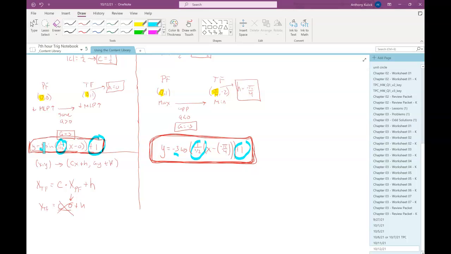So if you would have picked a maximum, then the a value would have been positive. And you just write whatever the x value is. And the h would have been the x value from that new point that you would have picked. So basically our h value is always going to be the x point of the transform function. Yes. Okay. For these kind of problems, yes. Yeah, for these ones. Go ahead, Leo.